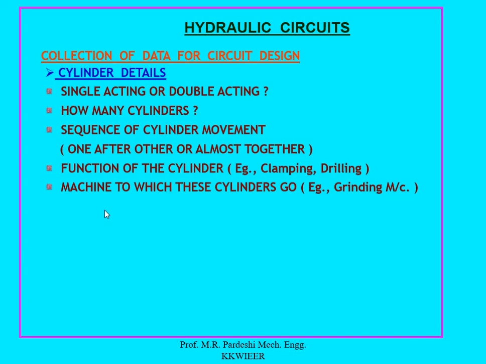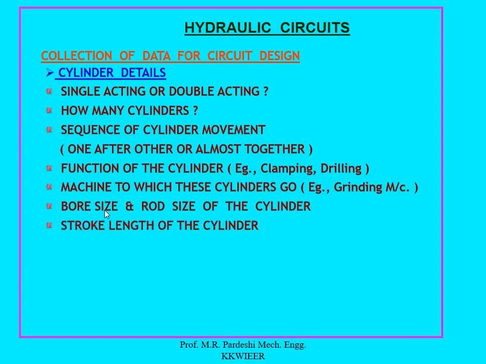For example, maybe a grinding machine, a drilling machine, a CNC machine or any other machine. So we need to predict which type of machine the cylinder is to be used on. Then, as far as the manufacturer catalog is concerned, we need to design the bore dimension and the rod size of the cylinder. We need to predict it and choose from the manufacturer's catalog.